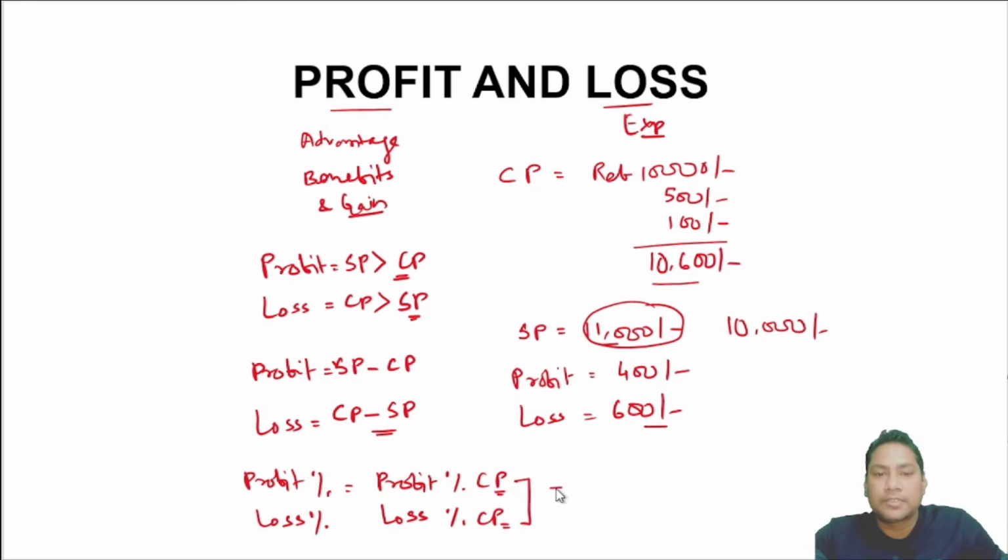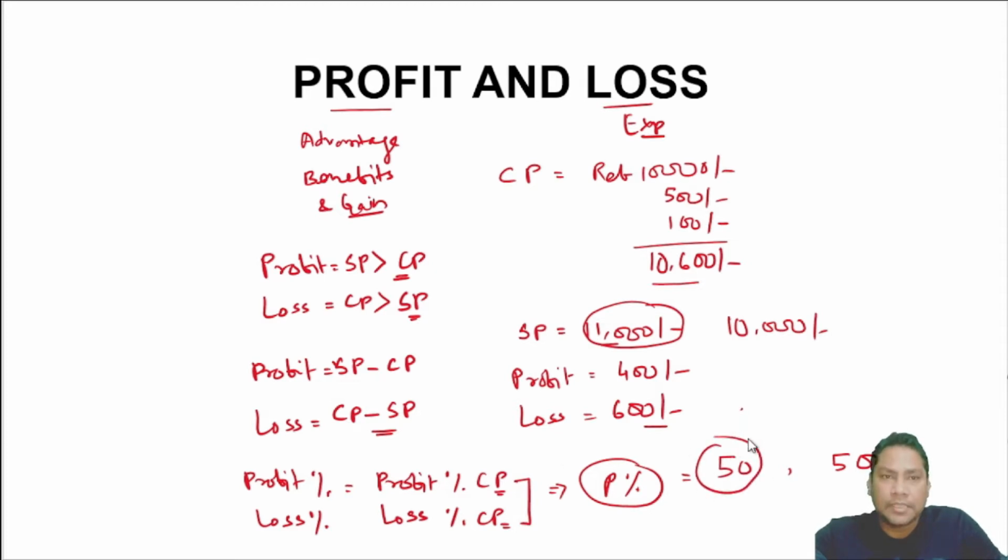Next, there is a question: why do we calculate the profit or loss percentage? The calculation of profit and loss percentage is to compare and to get the relative value. If anyone says I have 50 rupees profit and somebody else says 500 rupees, we will ask on what amount you made the profit.